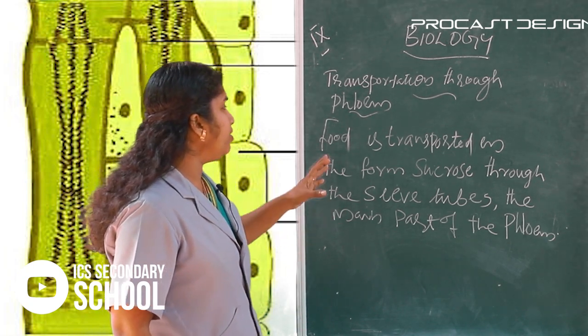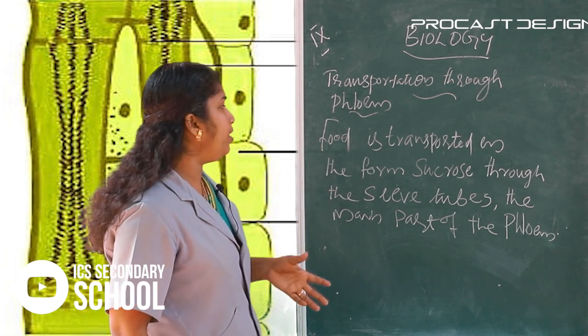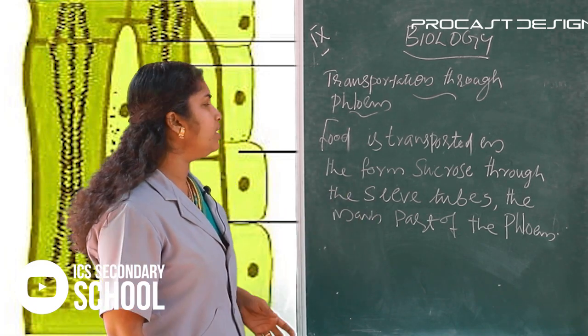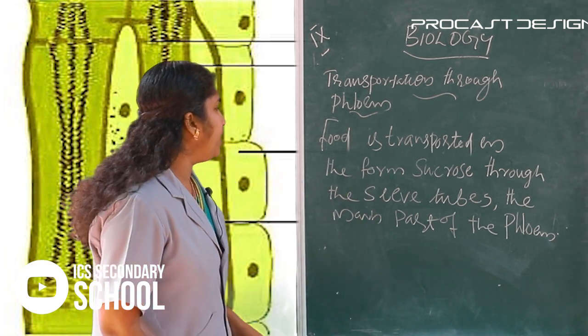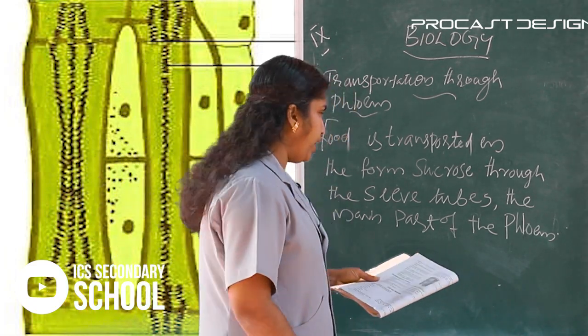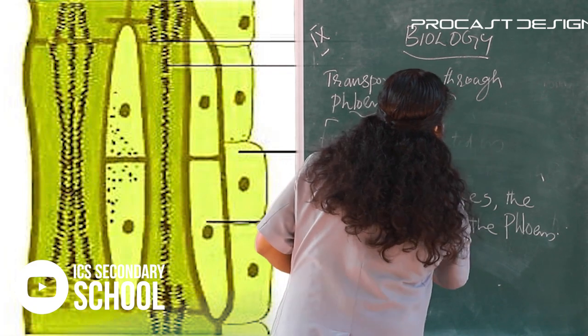The food is transported in the form of sucrose through the sieve tubes to every part of the body. Yes, please write in your notebook.